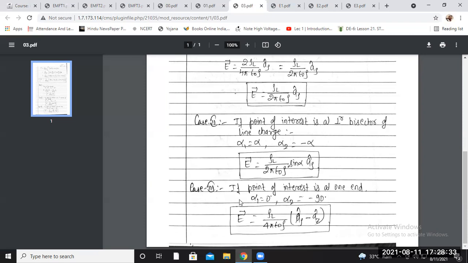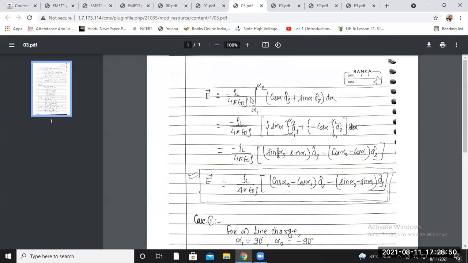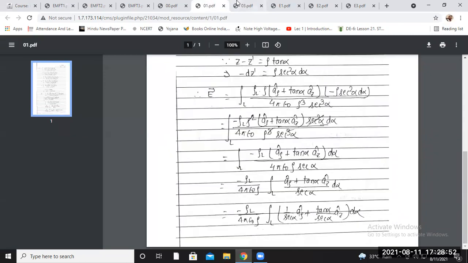So accordingly, if you write the equation, you will get the formula for electric field intensity as E equal to rho L upon 4 pi epsilon naught times (a_rho cap minus a_z cap). So this is the electric field intensity due to line charges. This is the derivation related to electric field intensity due to line charge.